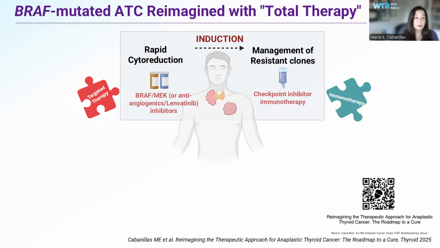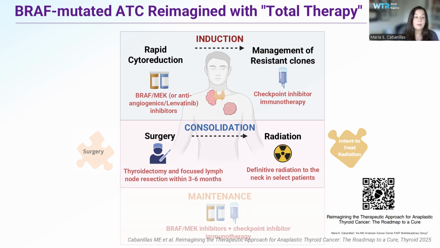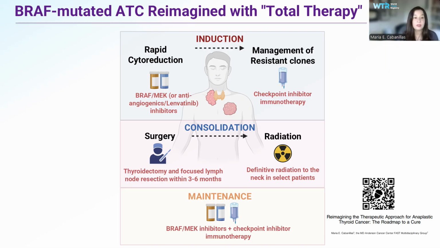Now, in the United States, we have BRAF MEK inhibitors available to us, which we use for rapid cytoreduction, and then the checkpoint inhibitor immunotherapy, which we use for resistant clones. We then follow that with consolidation, and that usually includes surgery, could also include radiation, and then a maintenance period where we give the initial drugs for a long period of time. We don't know really how long that is right now, but these patients do need to continue on systemic therapy.